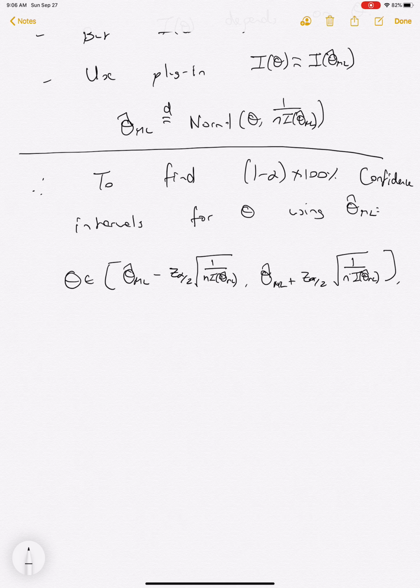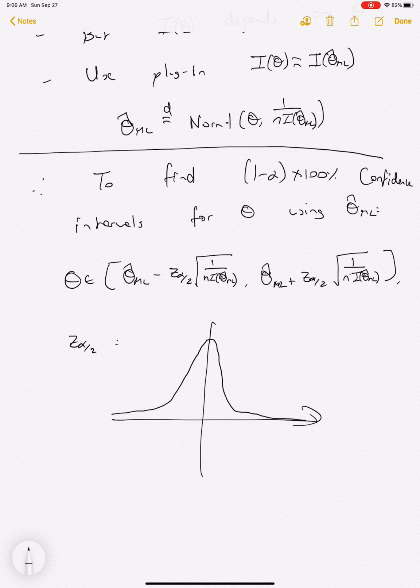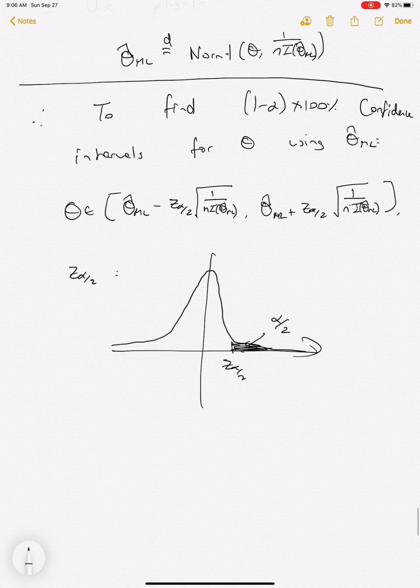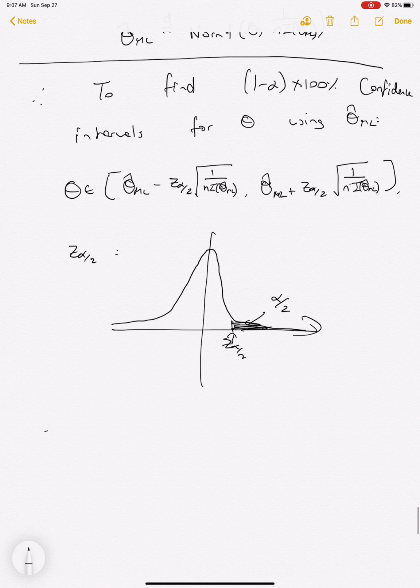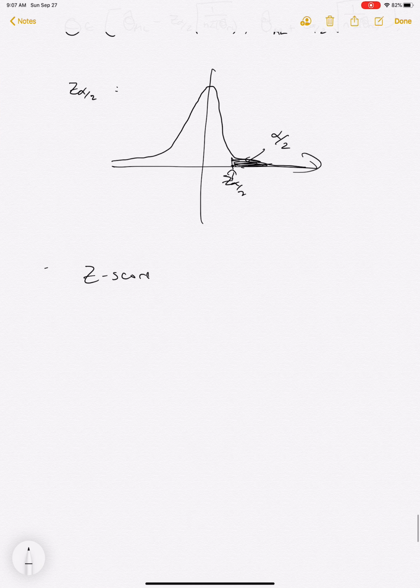And we're going to see examples of that in the next lecture. So here z of alpha over 2 is just the z score that gives a tail of size alpha over 2.